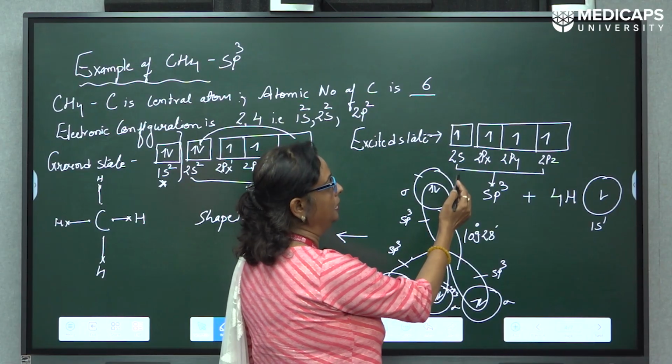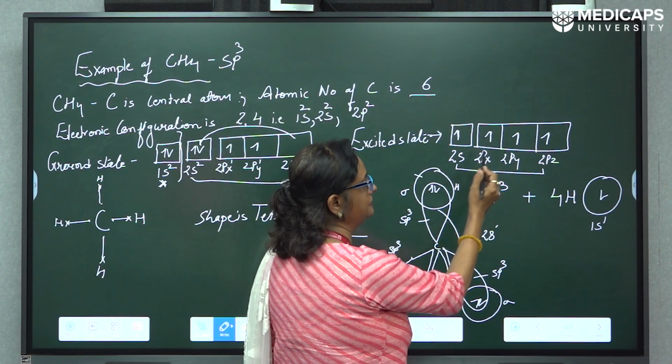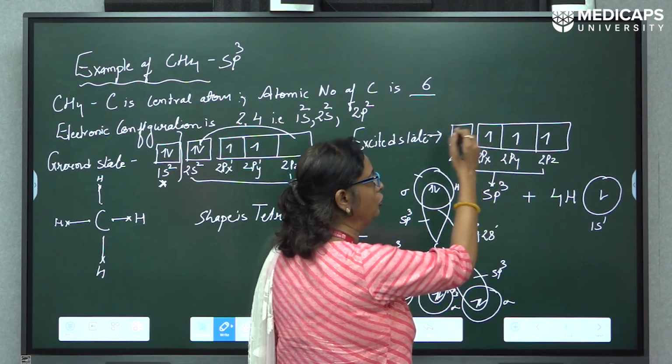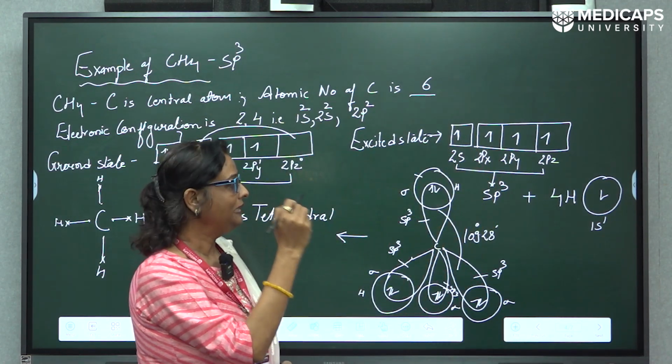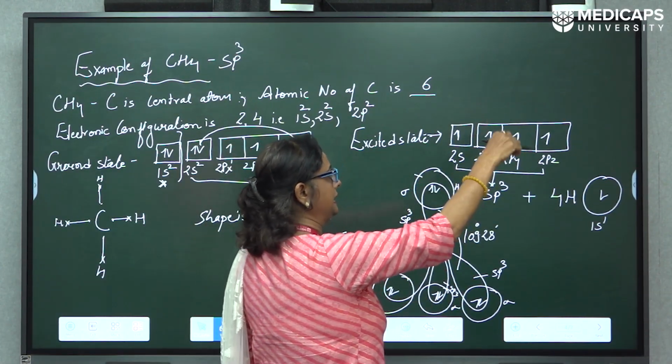So we have 4 orbitals, 1s and 3p, and these 4 orbitals will take part in sp3 hybridization. The intermixing will take place.